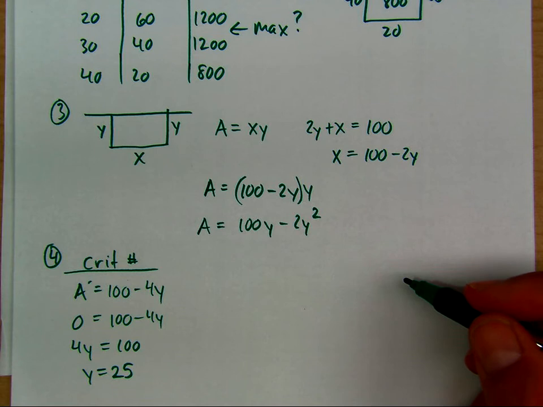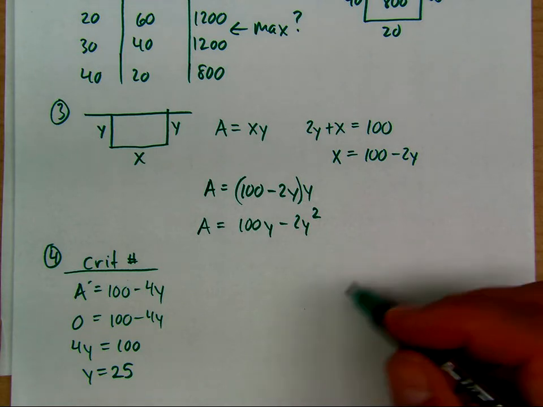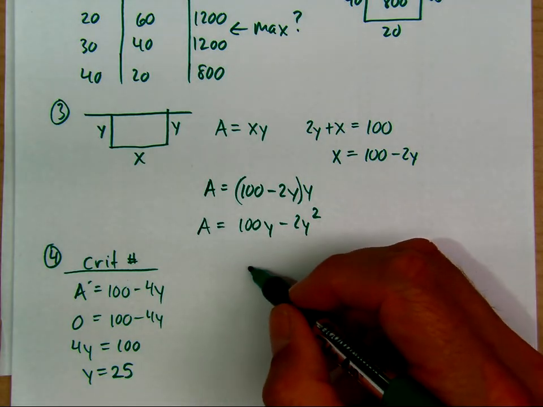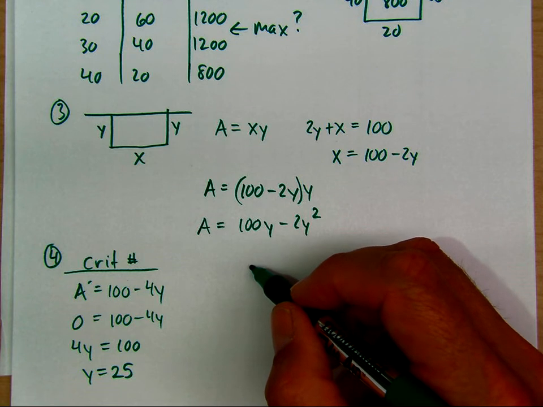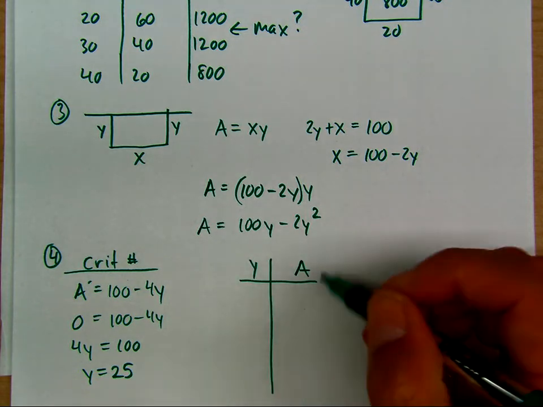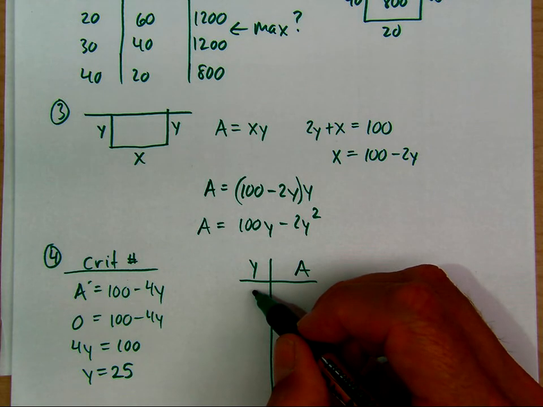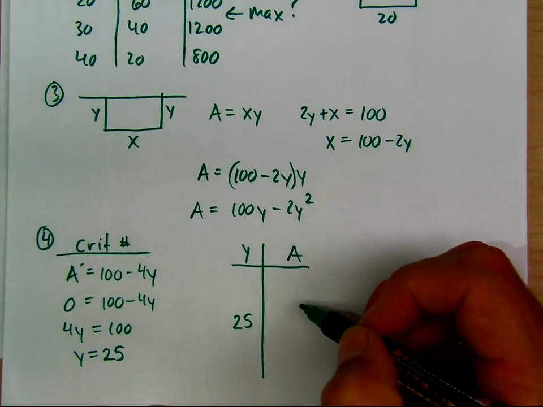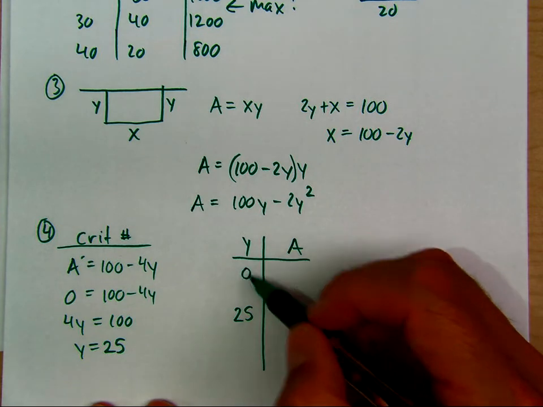We also have endpoints of 0 and 50 for the width, so now let's check, and we'll have y values and area. So we could have a y value. We know the critical number is 25, and we can have a 0 or a 50.